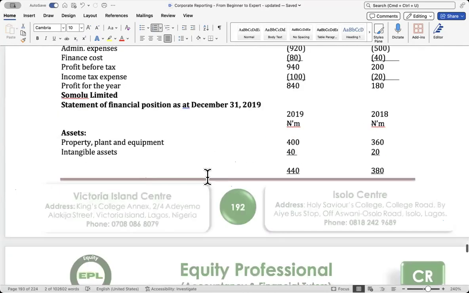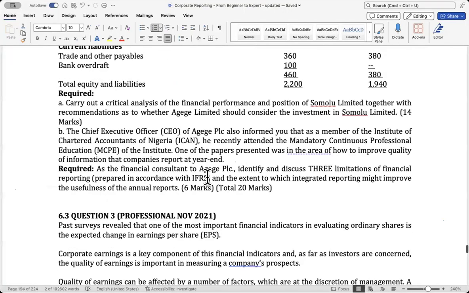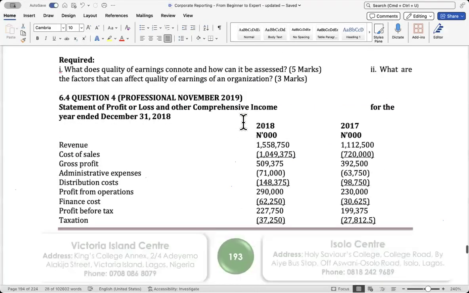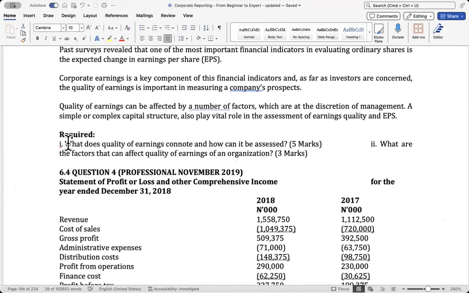To practice all of this. This is another one. This was that they were asking limitations of financial statements, right? After asking you to analyze ratios and all of that. And this was that they were asking, what does quality of earnings connote?